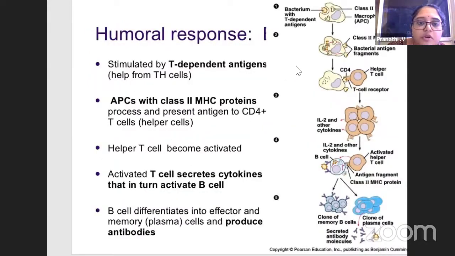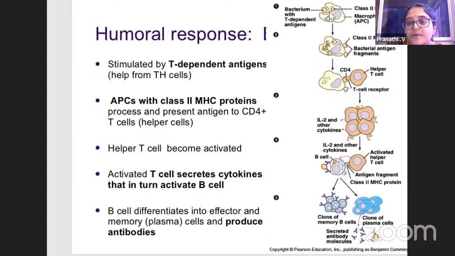And when a humoral response is being activated, what is going to happen is you will have helper T cells that are stimulated by the T-dependent antigens. Then this will release the APCs along with your class 2 MHC molecules, and then your helper T cells get activated.